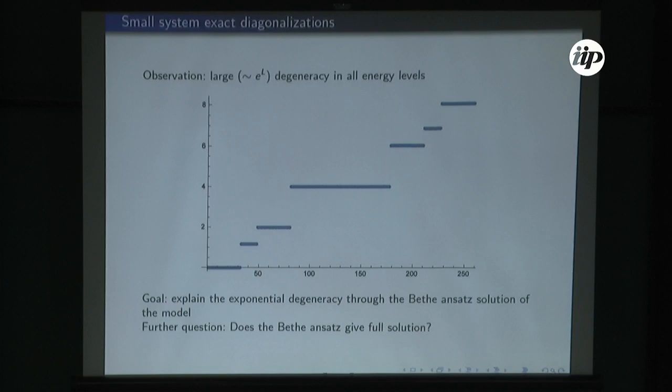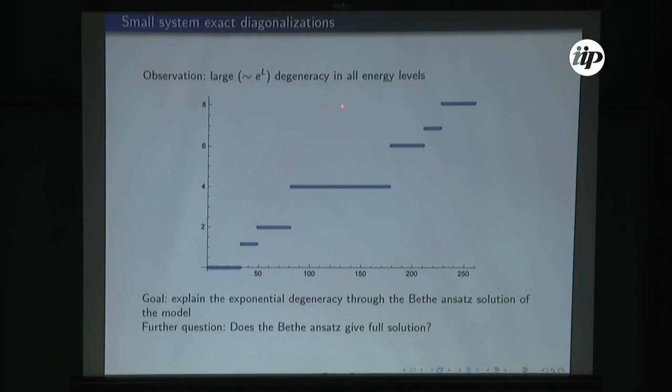Okay, so just one more motivation before doing the technical part. We did some numerical checks up to, I don't know, system size 10, and what we saw is roughly, characteristically, this kind of spectrum. These are the energy levels. I think this is for L equals 8. These are the energies.